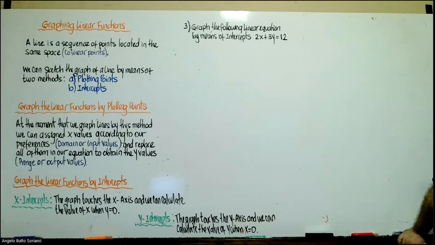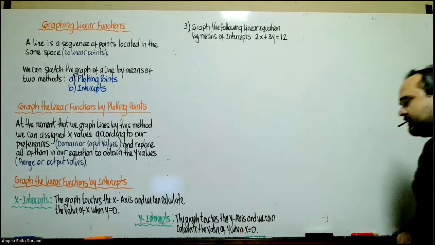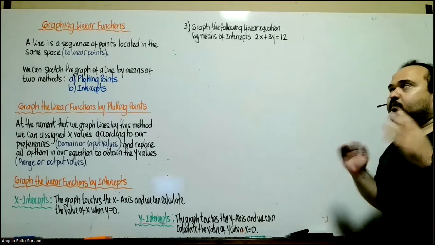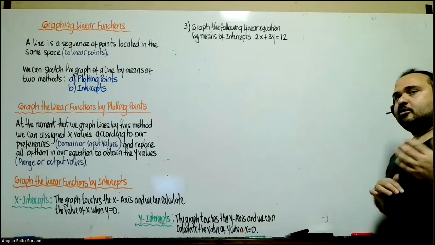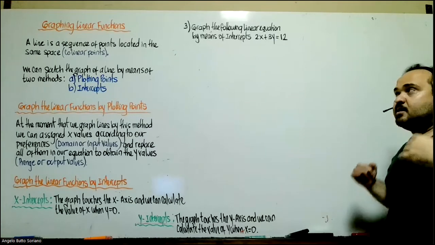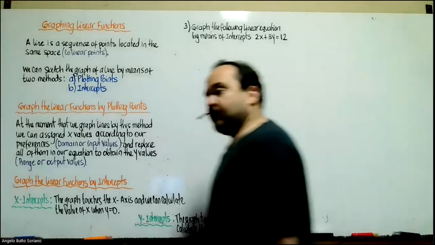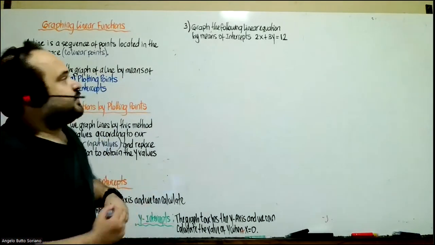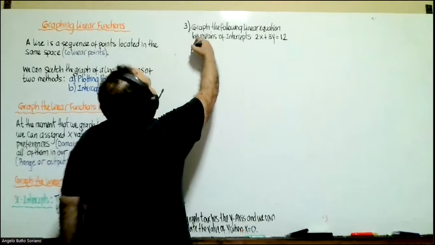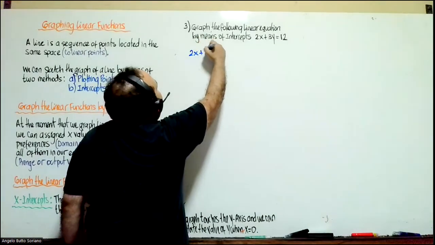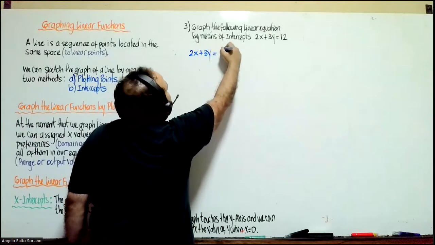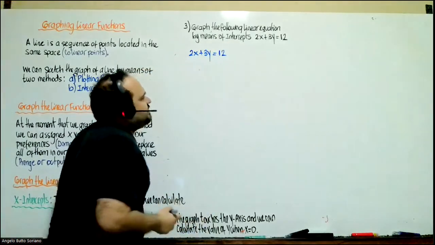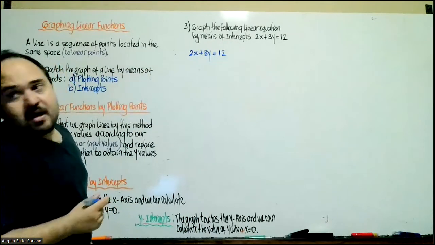But remember, the same step as the first method, we make sure the equation is written in the slope intercept form. I mean, solving for y. This is the first requirement. We have the formula 2x plus 3y equals 12, and let's solve for y.